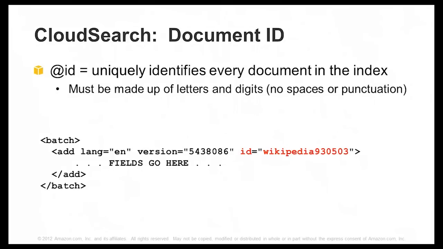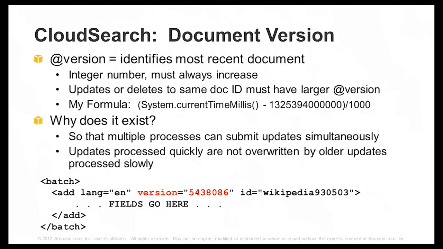The document version. Now this seems odd, but it's actually an incredibly powerful feature of CloudSearch. One of the things that we've always had a problem with is doing parallel processing across multiple incoming streams of data.